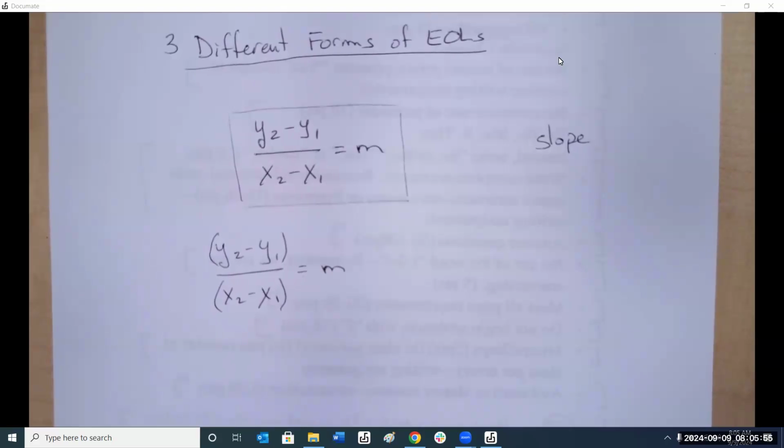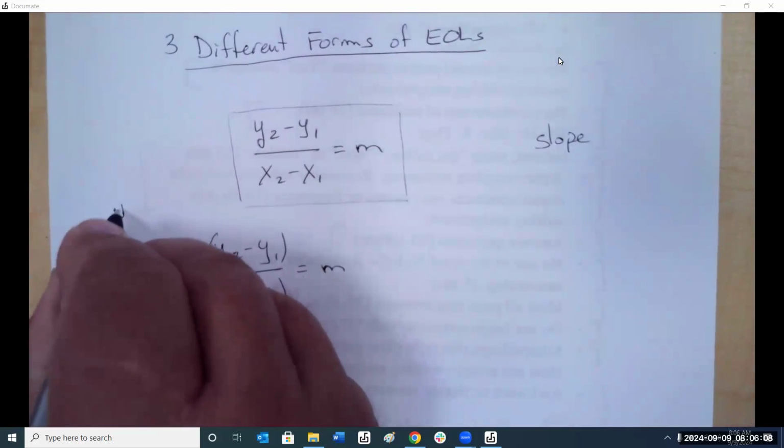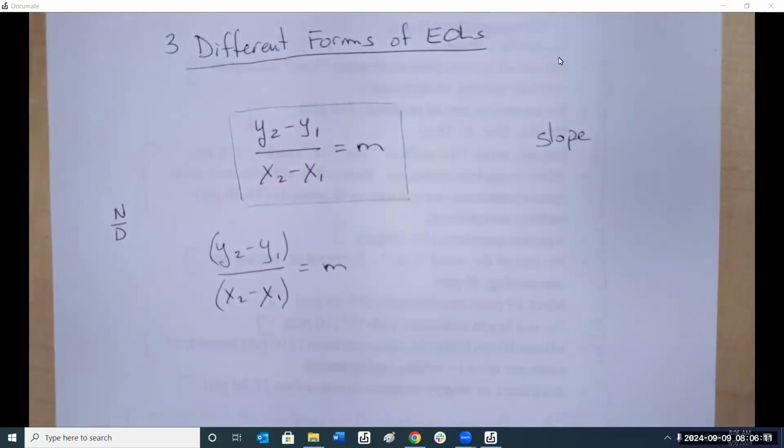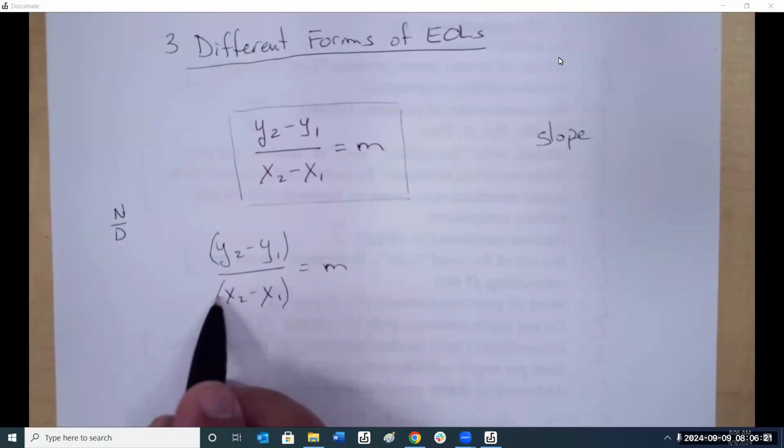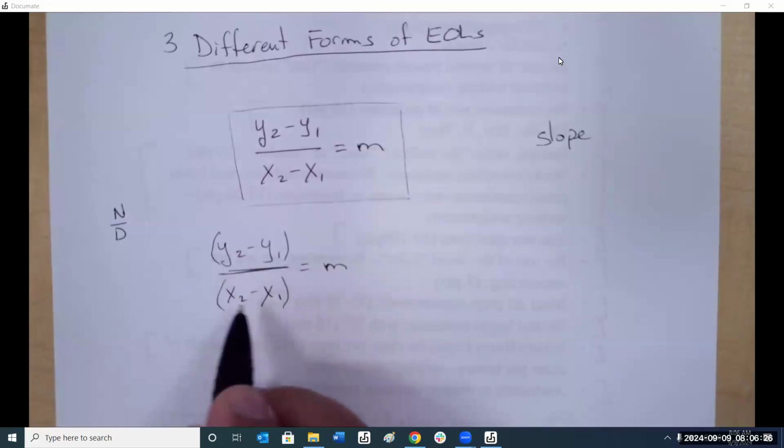So what is the LCD here? What's the only denominator? You have the numerator, denominator. There's a whole bunch more than that. This whole thing, everything below this line, is the denominator.